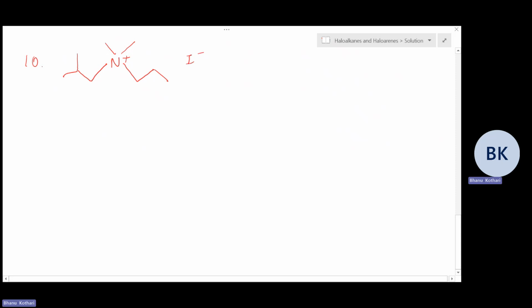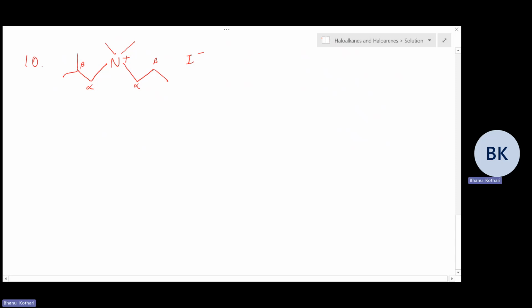And now silver oxide is just acting as a base, so it will undergo Hofmann elimination. Now these are the alpha carbons. This is the beta carbon. The most stable carbanion will be forming when beta hydrogen is eliminated. So here a 2-degree carbanion is formed, here a 3-degree carbanion is formed. We know that the 2-degree carbanion will be more stable.